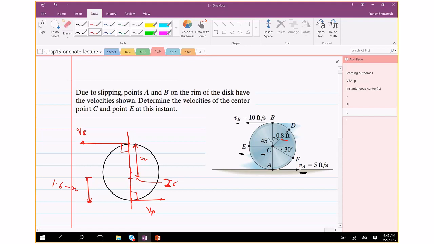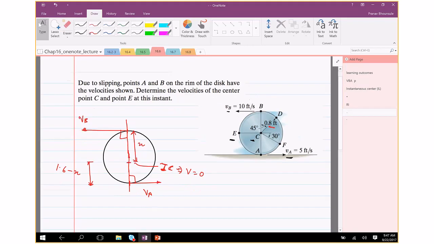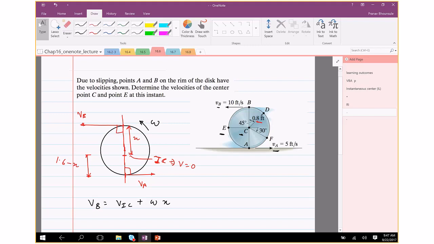Now note that velocity of IC is 0. I'm going to use that fact to find x. If this is spinning with an angular speed omega, then velocity of B is velocity of IC plus omega times x. I just wrote the scalar equation instead of the vector equation.